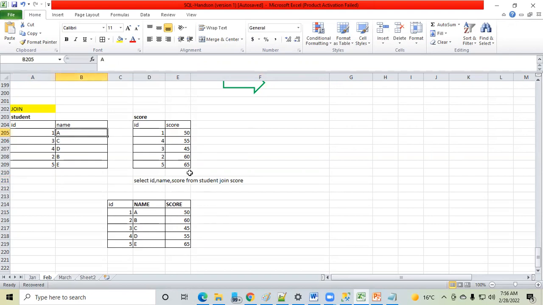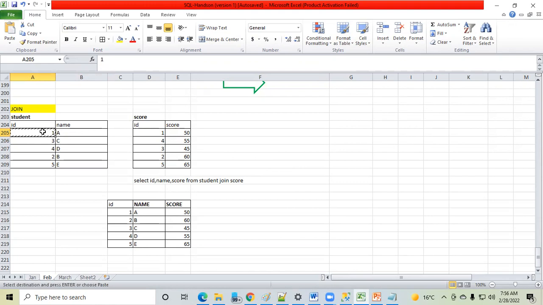How many marks has A scored? Who will tell this answer? 50, correct? Yes. How did you tell that A has scored 50? What analysis did you do? We matched the ID number. For name A, you took the ID. What is the ID of A? 1. You copied it.